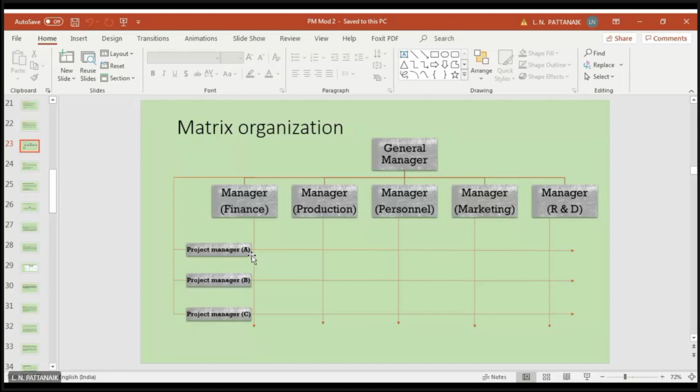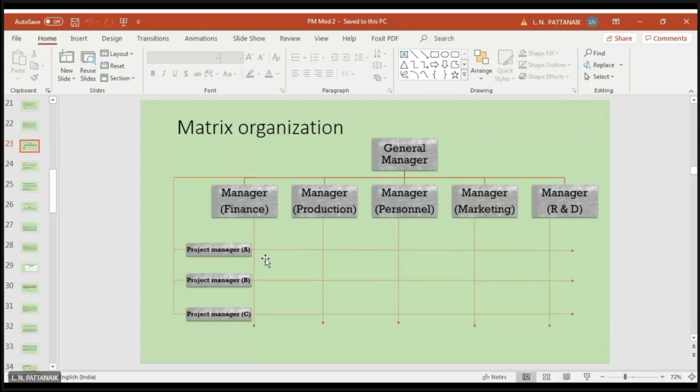So he will be allotted some staff deputed from different functional departments, like a group of persons from finance, a group from production or HR, then marketing, then R&D. They will be deputed for that project period only. They may have to relocate to Himachal Pradesh, and they will take orders from project manager A as long as that project is going on.